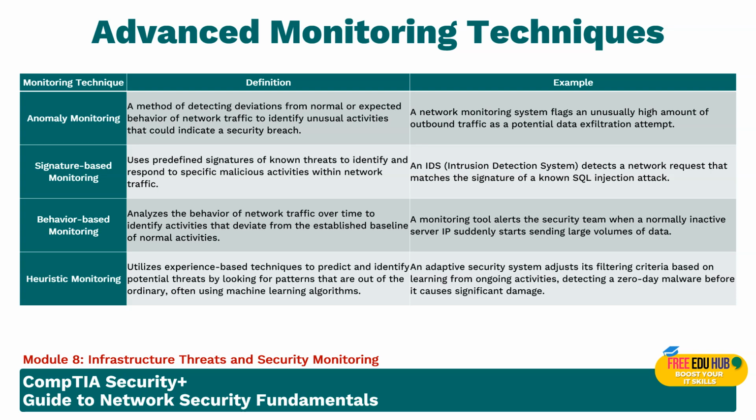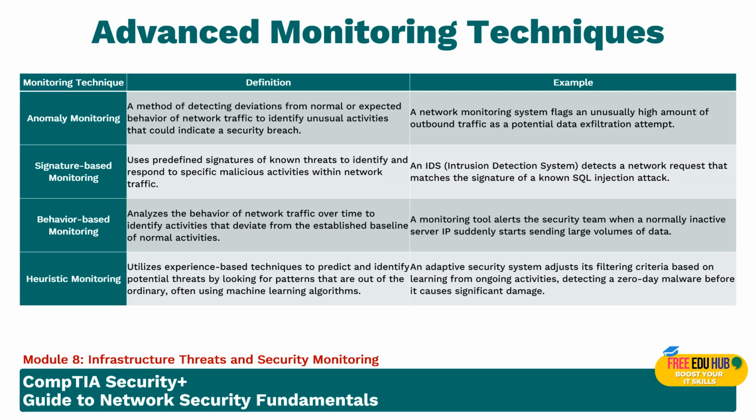Then we have behavior-based monitoring. This analyzes the behavior of the network traffic over time to identify activities that deviate from the established baseline or normal activities. Unlike signature-based monitoring that looks for specific patterns, behavior-based monitoring analyzes the behavior of the network traffic and nodes.